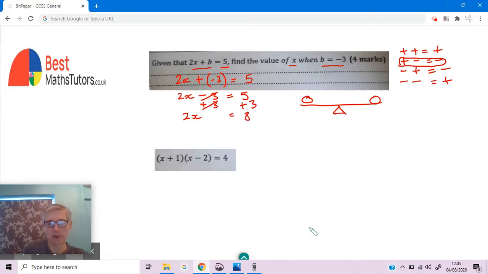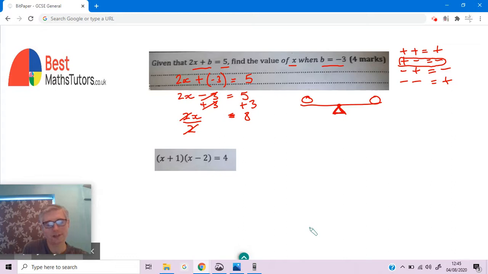And again, following this idea of a balance, the equals is a bit like the pivot point in the middle of the seesaw. If we do something to one side, we have to do exactly the same thing to the other. Because this means 2 times x, if I divide this side by 2, which I can show by writing as a fraction, 2x divided by 2, then the 2's will disappear.